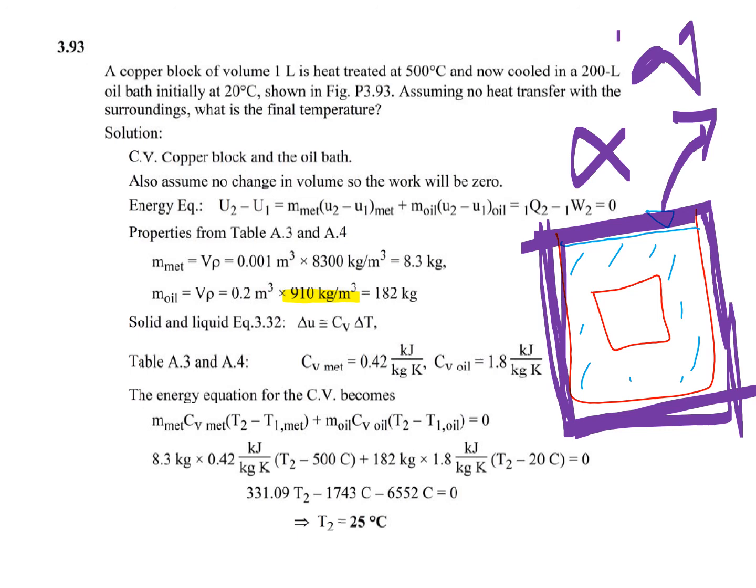So this amount of energy that is contained in the copper is going to balance the energy in the oil, and they will come to a thermal equilibrium at a common temperature. So we can assume that the final temperature T2 for the copper and the oil is the same.